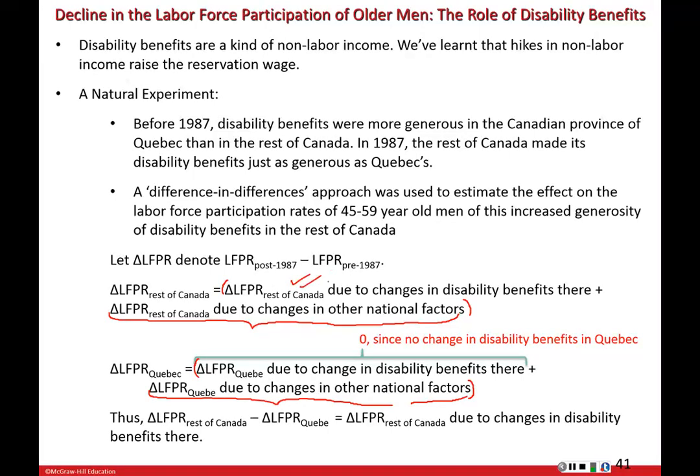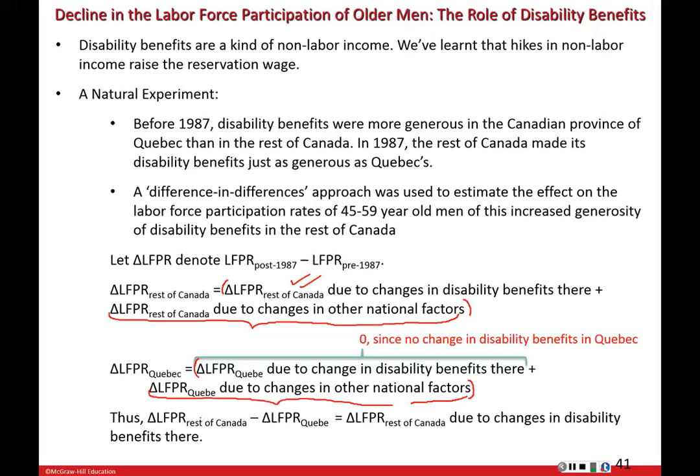That's all you're left with: change in the labor force participation rate in the rest of Canada due to changes in disability benefits there. So this difference in differences approach can give us a handle on figuring out the change in the labor force participation rate among older males in Canada due to an increase in the generosity of disability benefits.